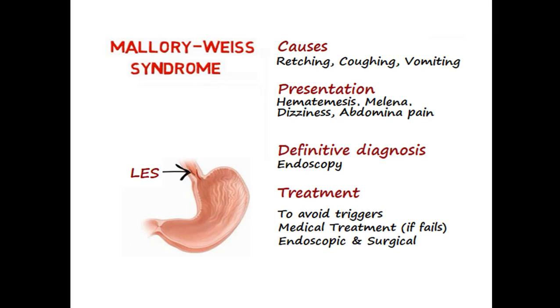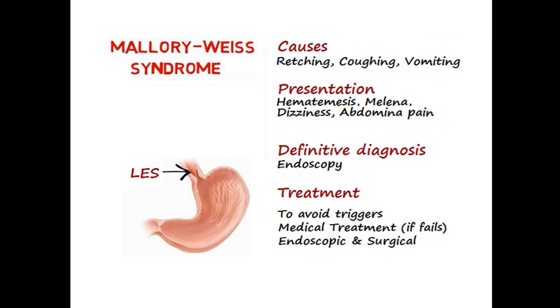To make the diagnosis, we look for the signs and symptoms, but the definitive diagnosis is made by inserting an endoscope and seeing the tears. Now, for the treatment of these esophageal tears, what we can do is avoid the triggers and treat medically by giving certain medicines as appropriate for the patient.